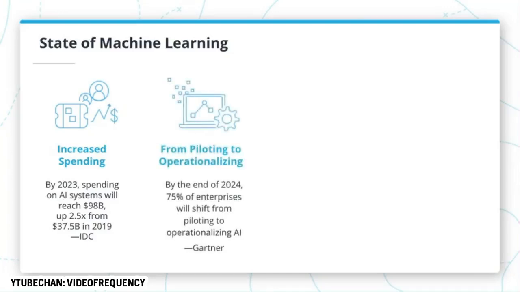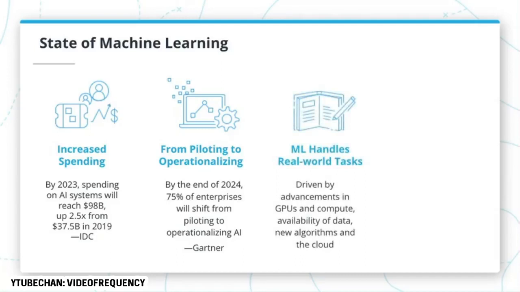ML projects are moving rapidly from piloting to production. Gartner predicts 75% of the companies will shift from piloting to production by 2024. ML is handling real-world tasks thanks to GPUs, explosion of data, research to find new algorithms, open sourcing tools, and the cloud.